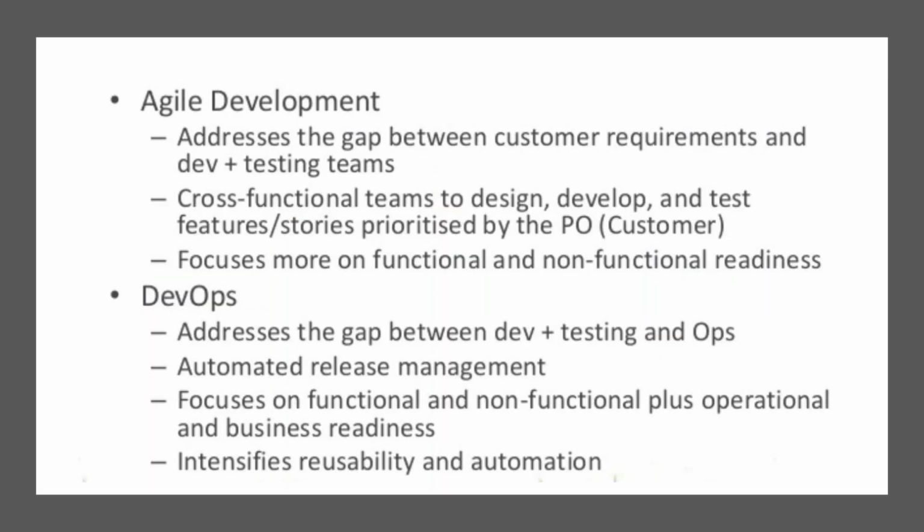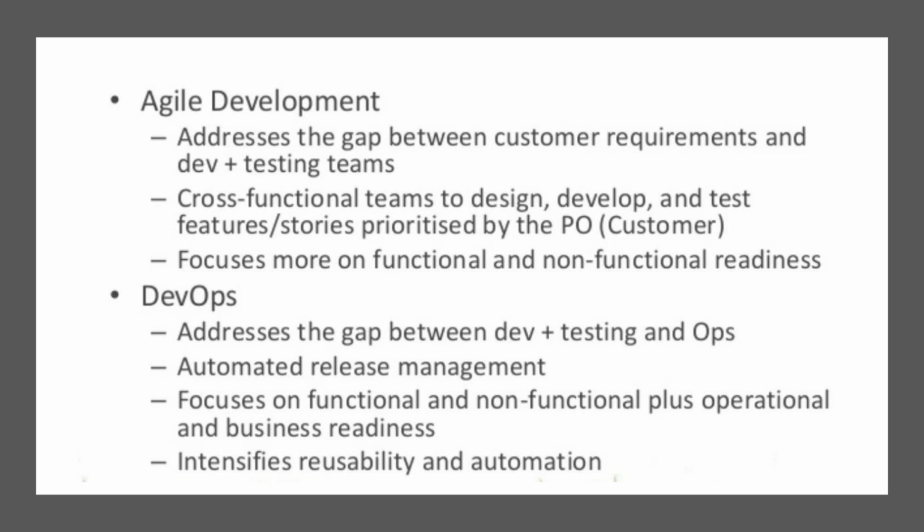This is some difference between Agile and DevOps. DevOps is a culture, while Agile is a methodology. Agile includes different methodologies like CMMI, Scrum, and Agile, which companies follow.